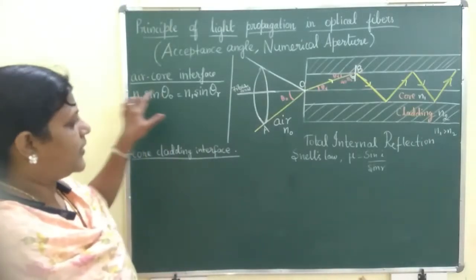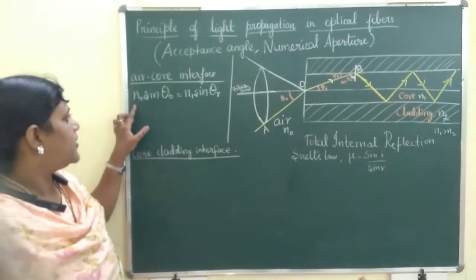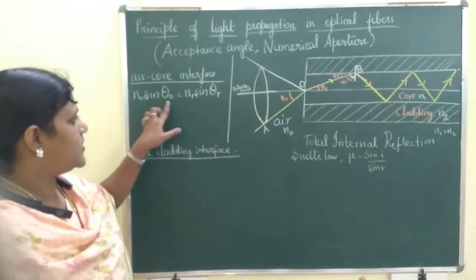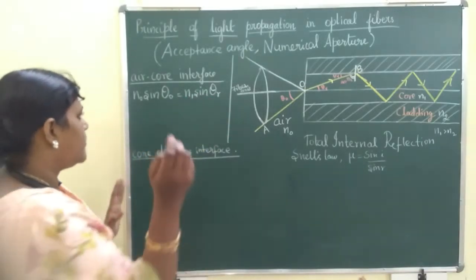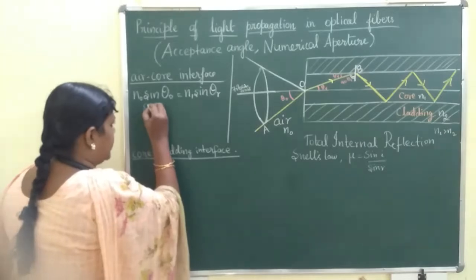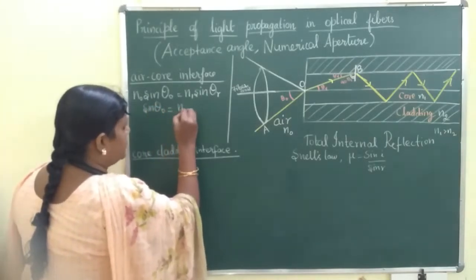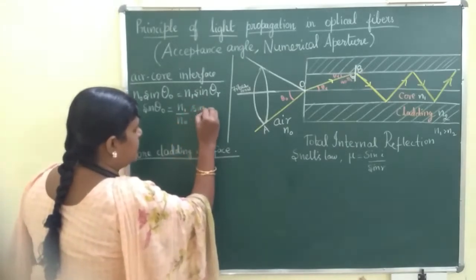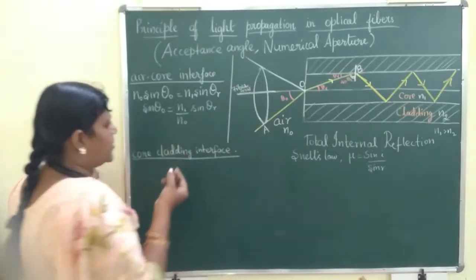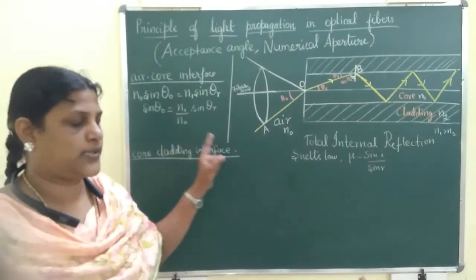So at the air-core interface we can write: n0 sin theta naught equal to n1 sin theta r. Now let us calculate sin theta naught. Sin theta naught equals n1 by n0 into sin theta r. Let us rewrite this sin theta r in terms of cos theta r.